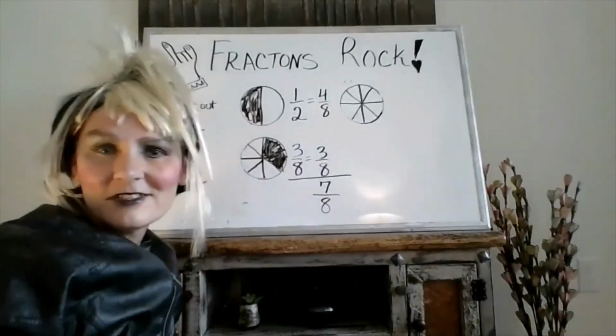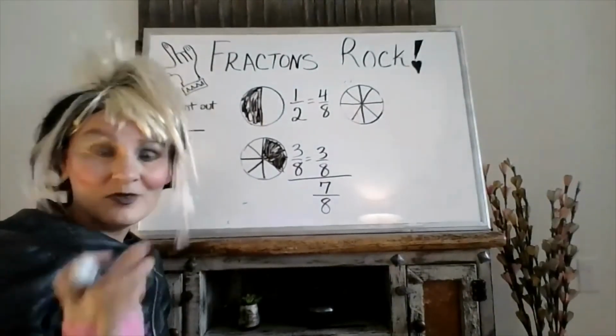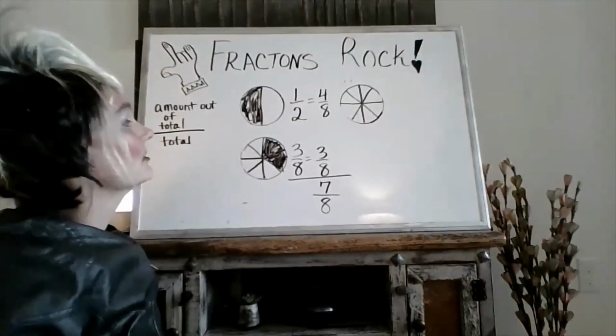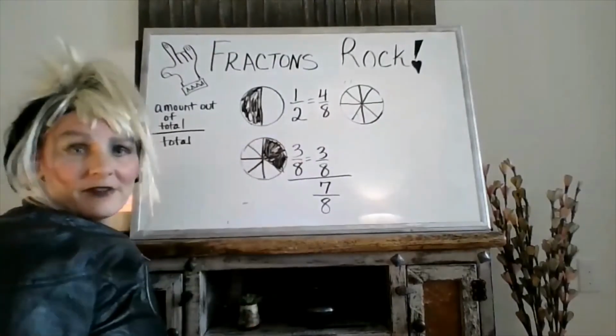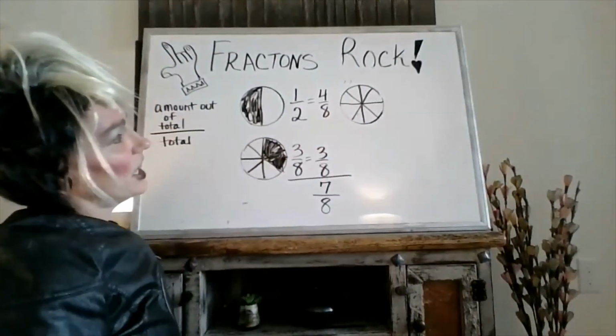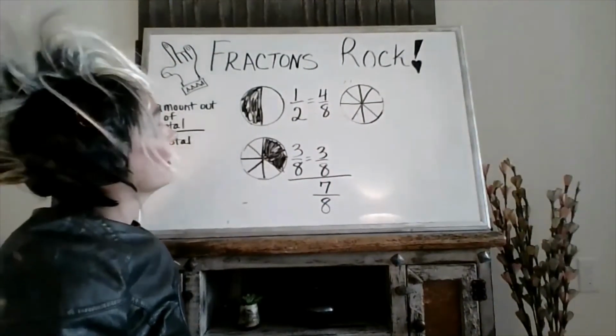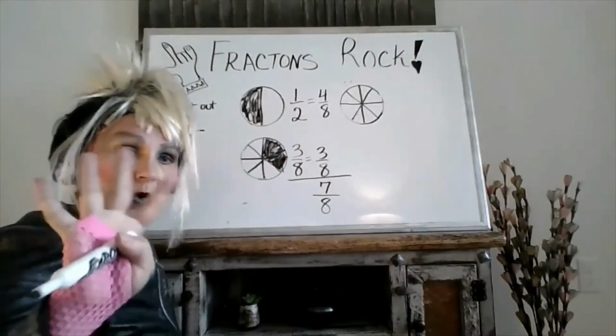All right, like I said, just in case you didn't believe me, I'm going to show you with these circles. Remember, this was 1 out of 2. Now we have 4 out of 8, so I made 8 equal pieces in that. And I'm going to color in 4 of them.